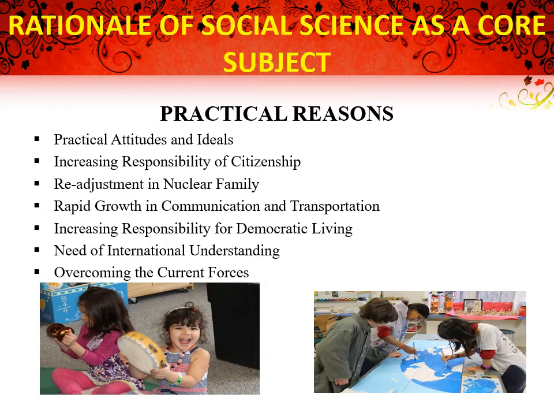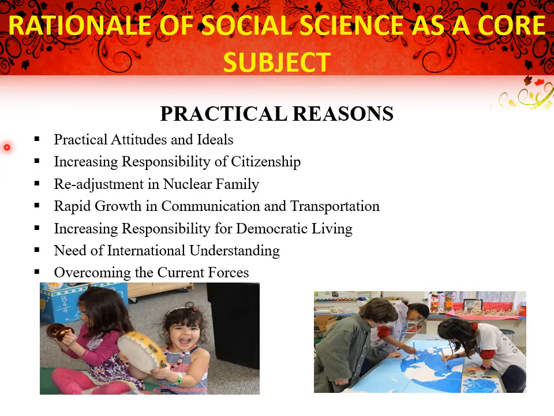The last justification for consideration of social science as a core subject in school education is the practical reasons. So under practical reasons, there are seven different aims. Let me spell out one by one. Let me start with the first one, that is practical attitude and ideals.